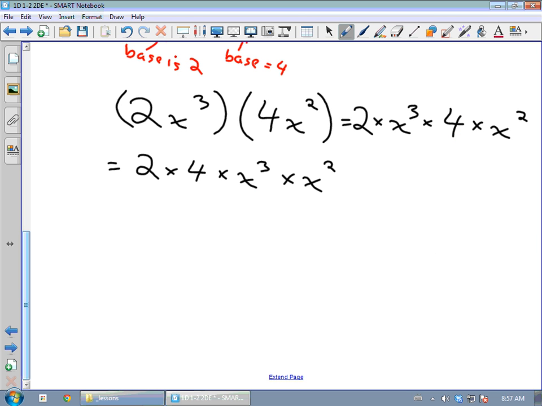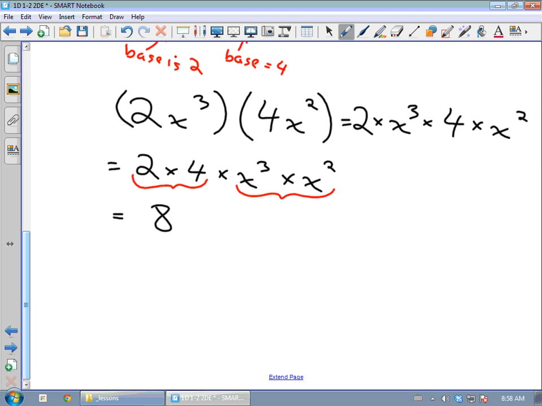Now I can think about this in parts. I can look at my numbers, and I can look at my powers. If I multiply those two numbers together, 2 times 4, I'm going to get an 8. That 8 is going to be my new coefficient.